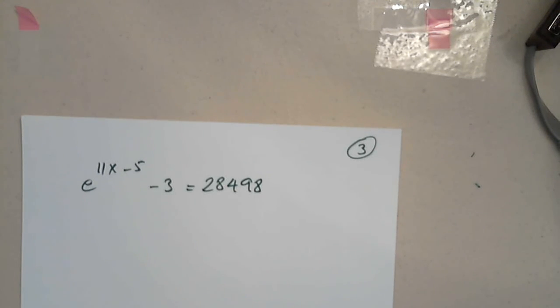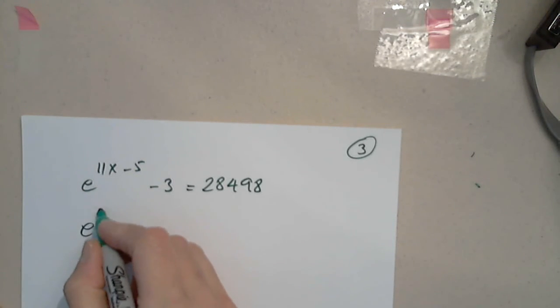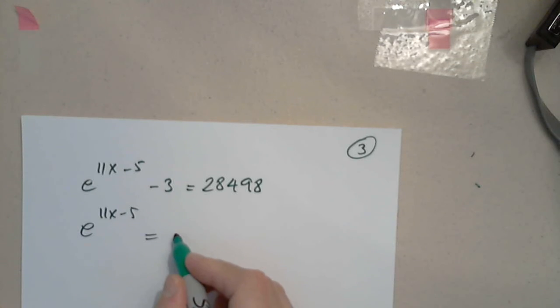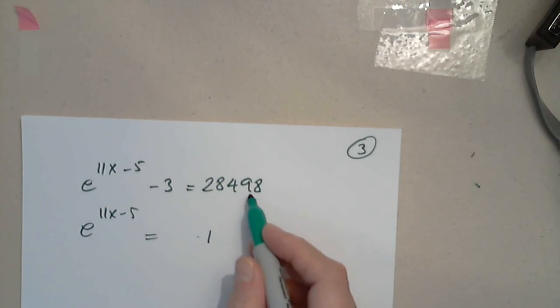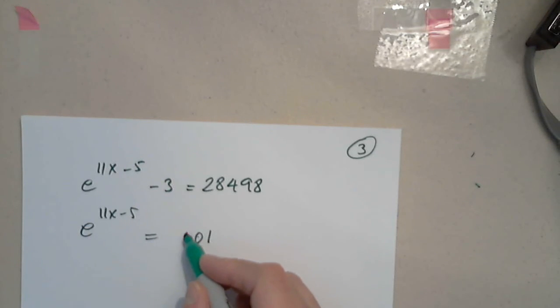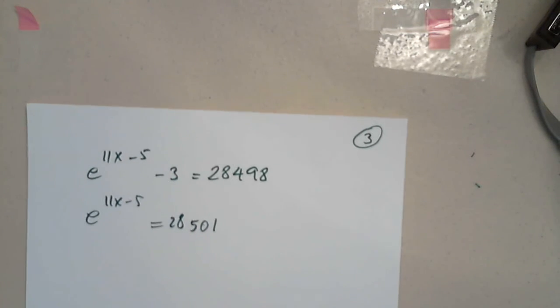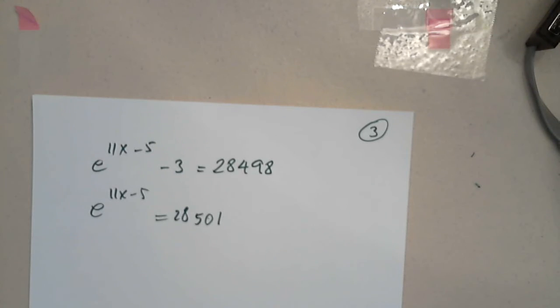What will be the first step here? What do we need to do? Adding 3. Excellent. So e to 11x minus 5 equals, when I add 3, 28,501. Correct me if I'm wrong. What next?